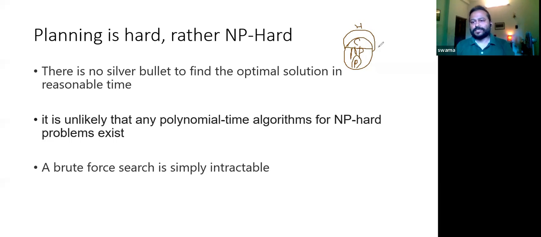Now NP-complete. So actual planning is an NP-complete problem. NP-complete is basically the intersection of NP-hard and NP class. So that means for the NP-complete problem, the criterion that once you give a solution, the time to verify the solution is going to be exponential is not applicable.